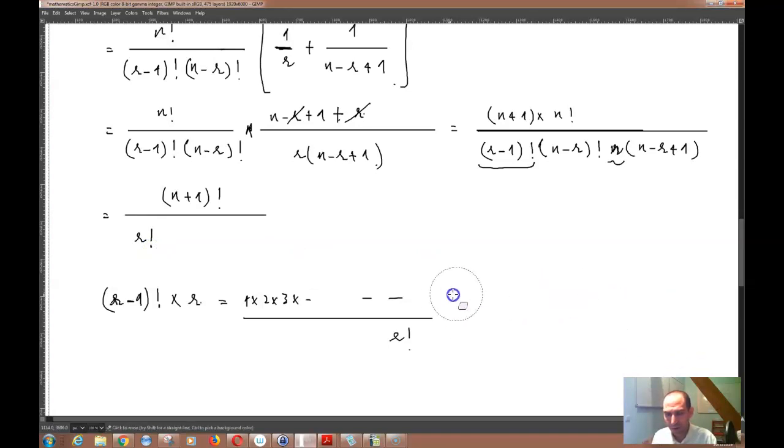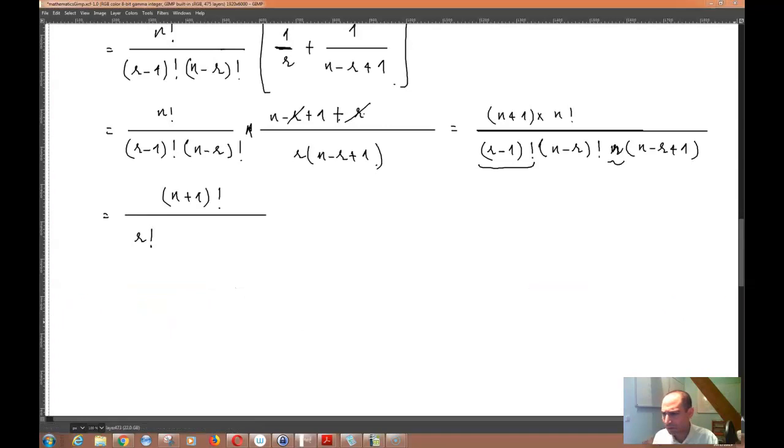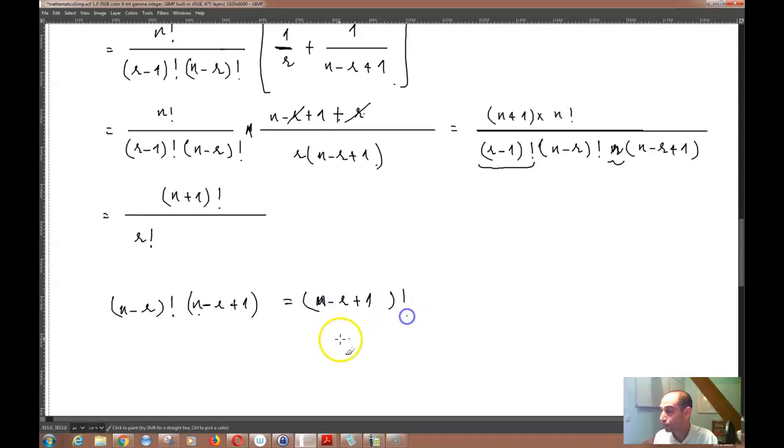And then the next thing that I have here is n minus r factorial times n minus r plus 1, which by the same logic is n minus r plus 1 factorial.